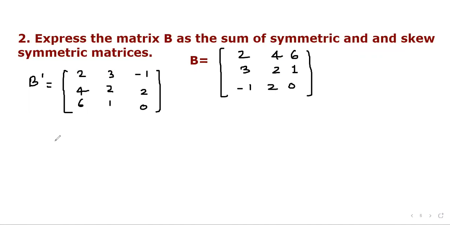So to get the symmetric matrix, we write 1 by 2 of B plus B dash. So that will be equal to 1 by 2 and the sum of corresponding elements.